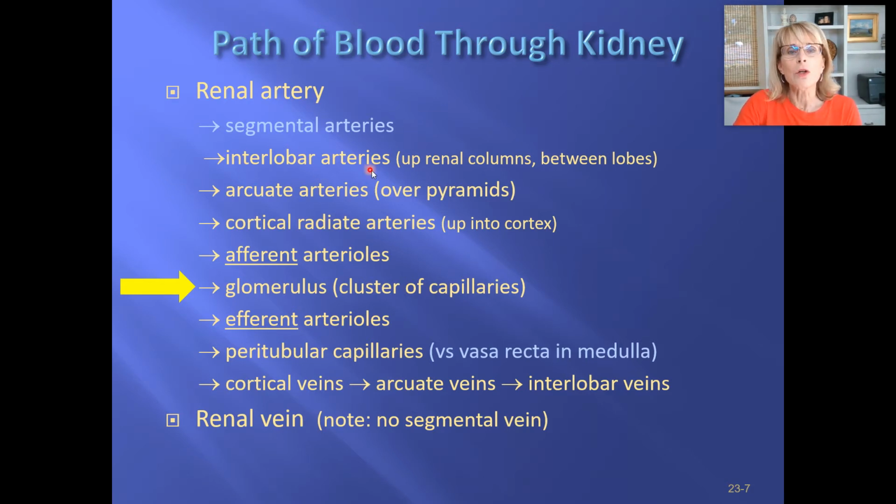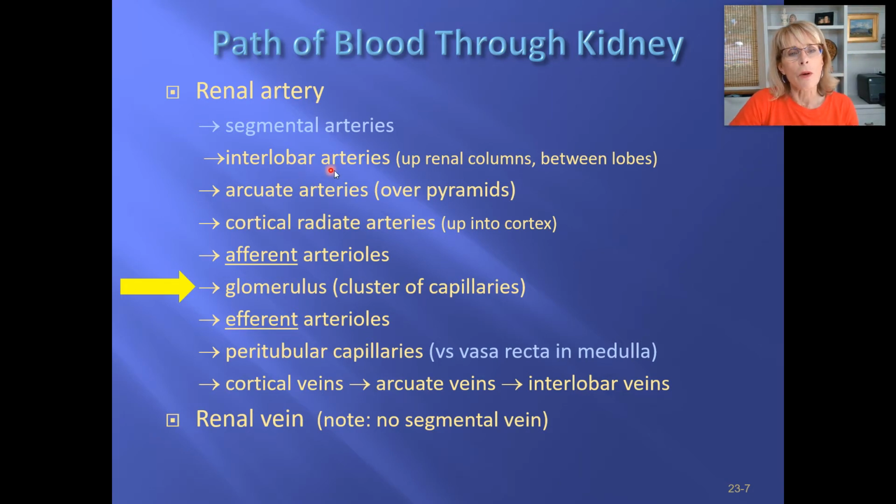Okay? The interlobar arteries, that's a good name for them because inter means between, lobar, between the lobes. It is not obvious to you, but actually every kidney is made up of what are known as lobes, and they are these cone-shaped structures called the renal pyramids and the overlying cortex.